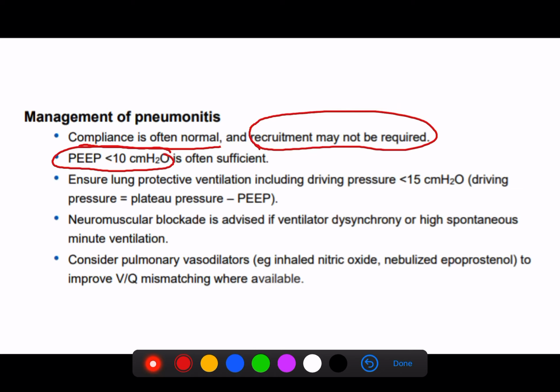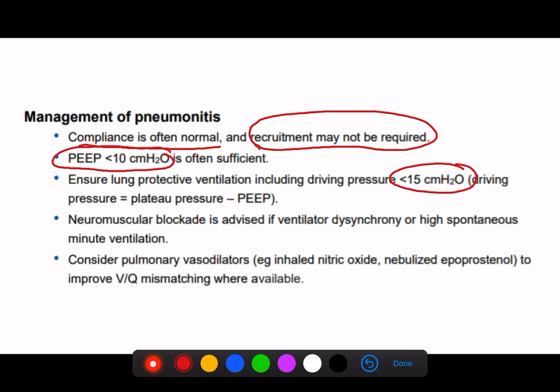I think lung protective ventilation is vital, and so using driving pressure targets of less than 15 centimeters of water is a no-brainer. Driving pressure is the plateau pressure if you're in volume control, or if you're in pressure control modes of ventilation, the PINSP minus the PEEP.